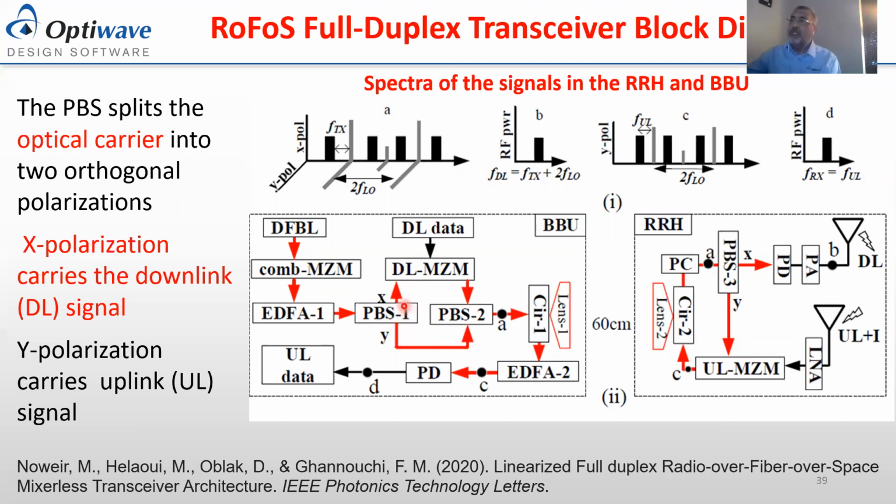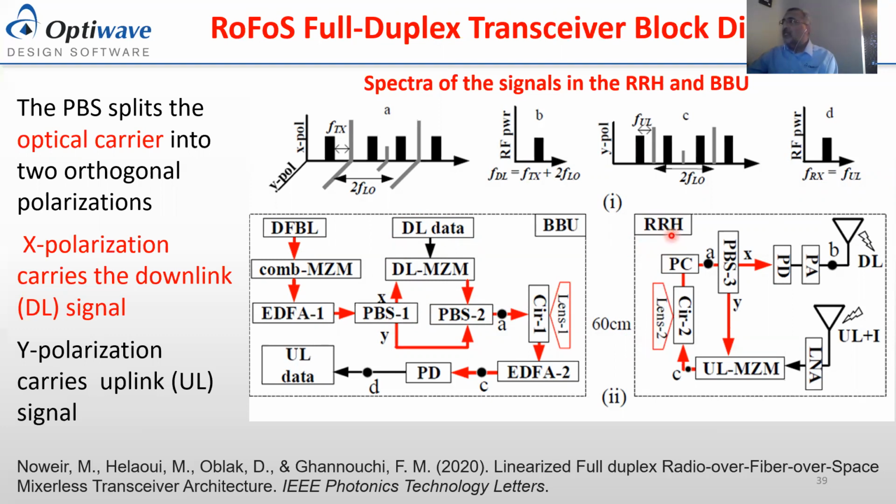Using a beam splitter, we create the X polarization and Y polarization. The X polarization carries the downlink data, and the Y polarization is combined and transmitted through, as you see here, a circulator through free space into the remote radio head.